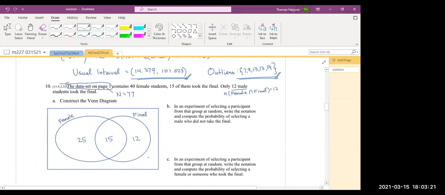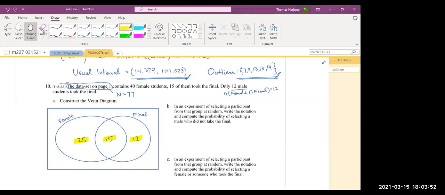Now, what is the number out here? How many people are inside the circles? 25 plus 15 is 40, plus 12 is 52.